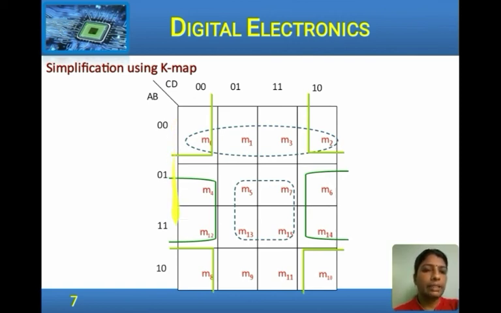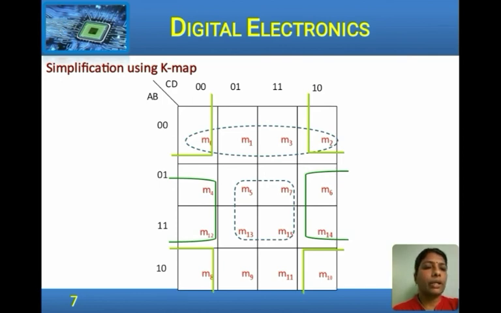The left side edge and the right side edge can be considered as adjacent pairs. Imagine rolling the K-map. When you roll the K-map, these two side edges, left and right, become adjacent, so we can consider them to be adjacent pairs. Look at M4, M12 and M6, M14, they can also form a quad.